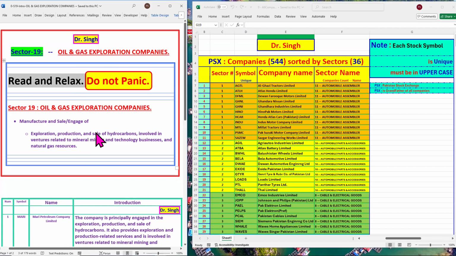There's no need to panic, and never panic. As I said over here, do not panic. Your mind has to be in the relaxed mode. Once you don't have worries in your mind, then it becomes easy for you to absorb and understand what's going on. That's number 1. Number 2 is, most of the time you have to read or watch the videos again and again.